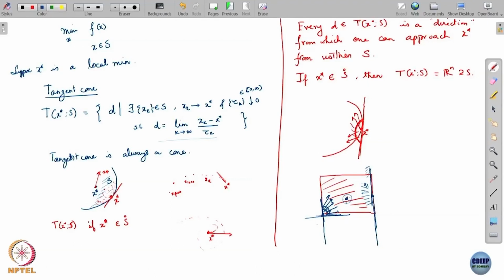And from there we are trying to somehow get to the tangent at this corner point, right. This is where the complications begin to arise. In the simplest of cases, you can just draw a tangent at that particular point and get the tangent cone by looking at the tangent.